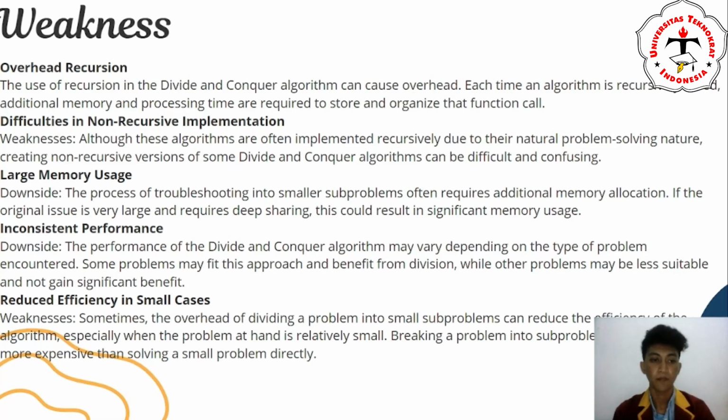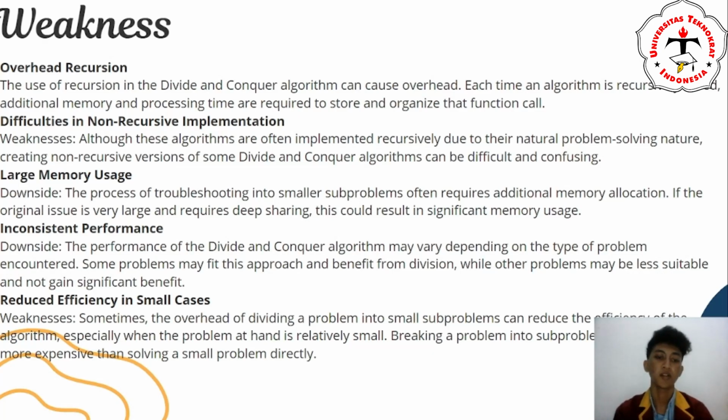Downside: the performance of the divide and conquer algorithm may vary depending on the type of problem encountered. Some problems may fit this approach and benefit from division, while other problems may be less suitable and not gain significant benefit. 5. Reduced efficiency in small cases.